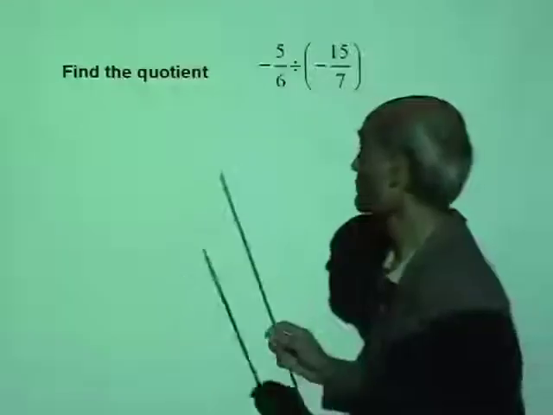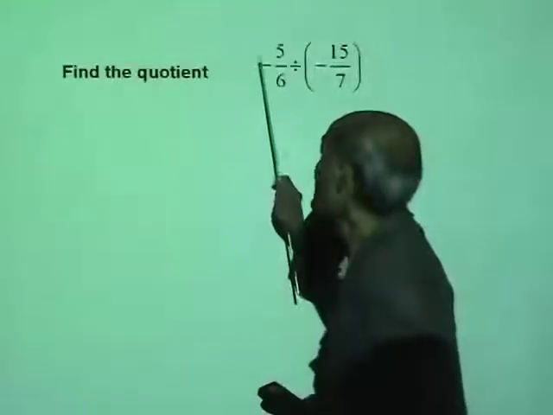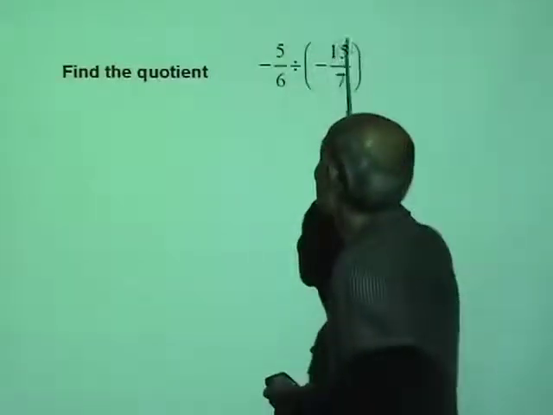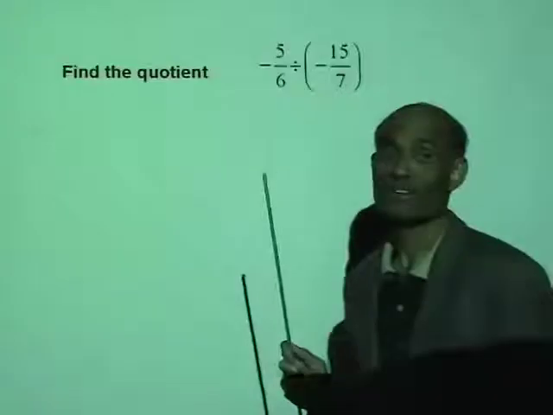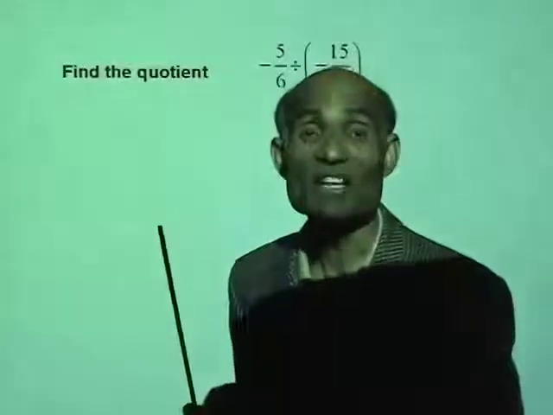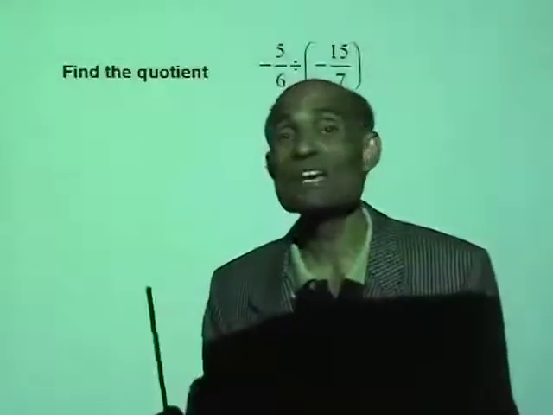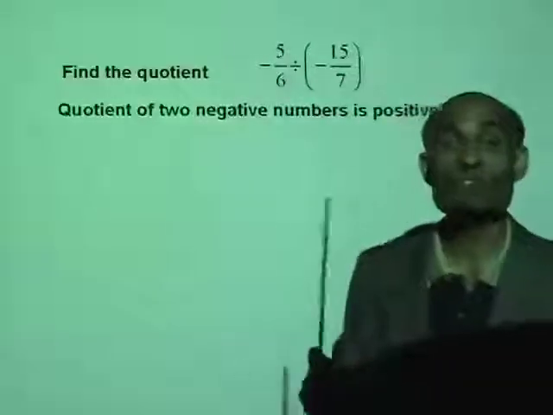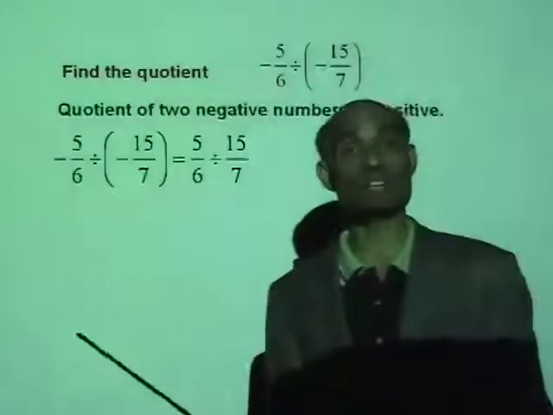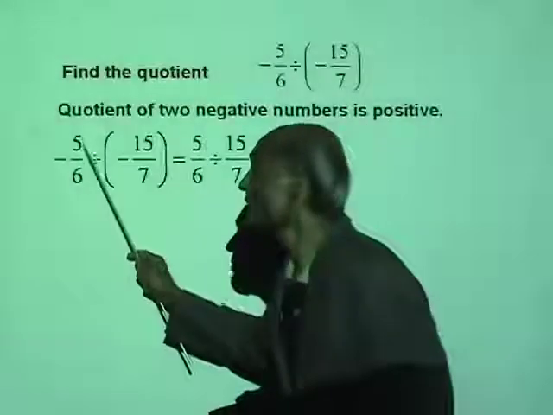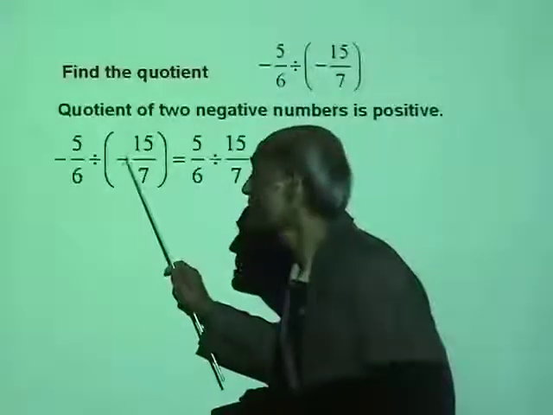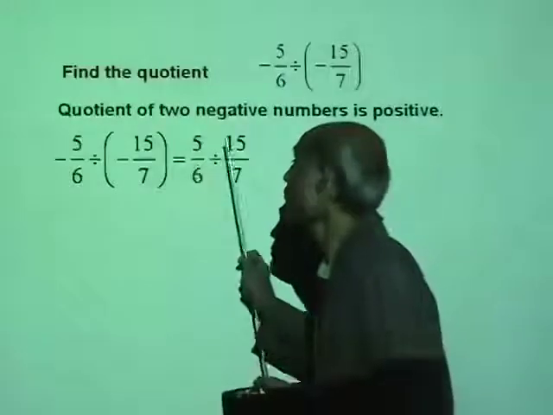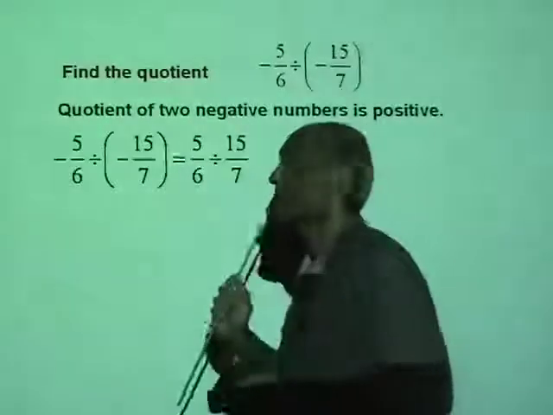Let's do another one. Find the quotient negative 5 over 6 divided by negative 15 over 7. Dividing a negative number by a negative number will give you a positive number. The quotient of 2 negative numbers is positive. That means negative 5 over 6 divided by negative 15 over 7 becomes positive 5 over 6 divided by positive 15 over 7.